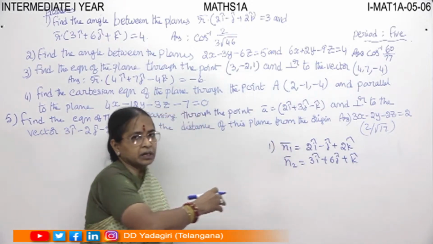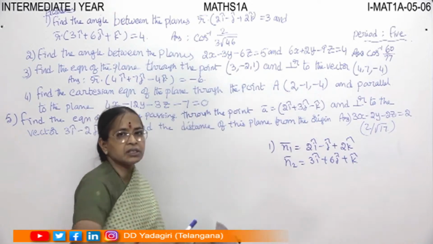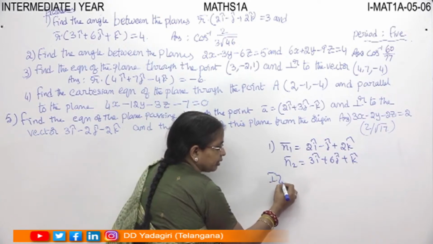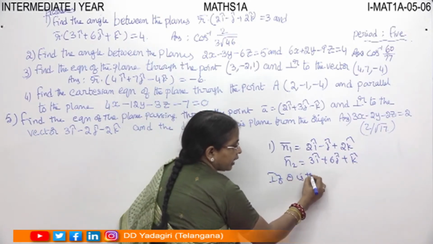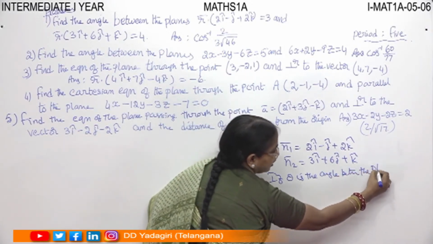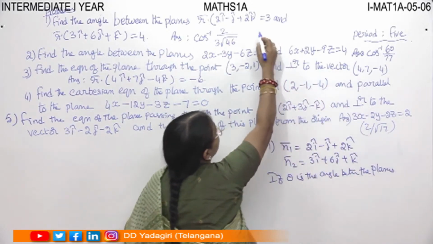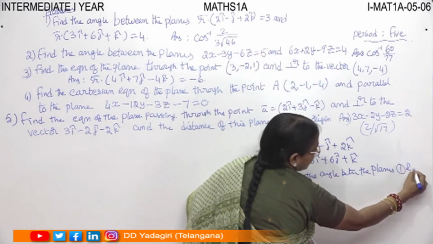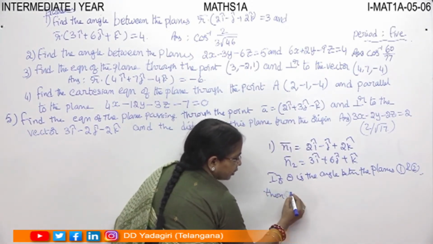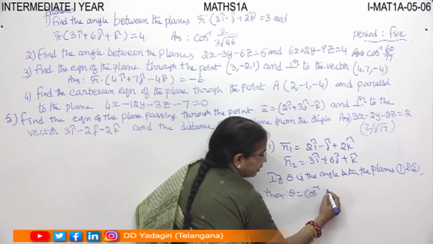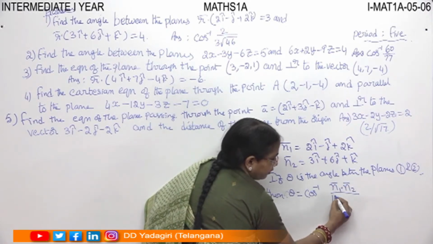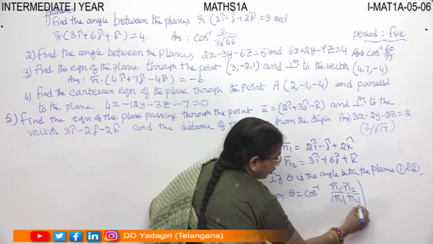First you write the given planes, you write the two equations, then you write n1, you write n2, and then you write if theta is the angle between the planes 1 and 2, then theta is equal to cos inverse of modulus of n1 dot n2 by mod n1 into mod n2.